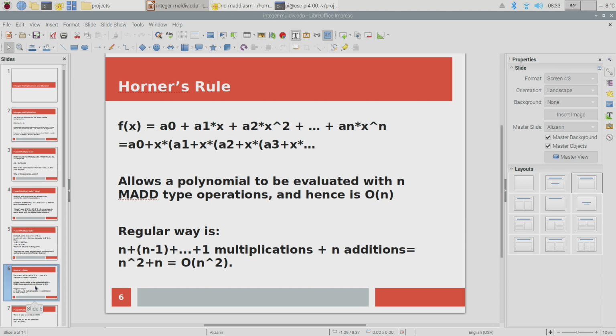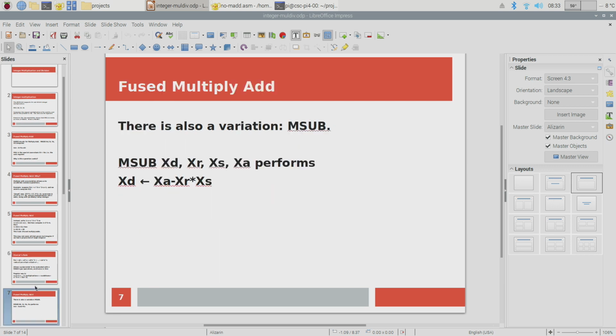Okay. All right. Anyway, so yeah, you can be really fast with that. There is also a variation of this called fused multiply subtract. Well, if we can add, we can subtract. Big shock.